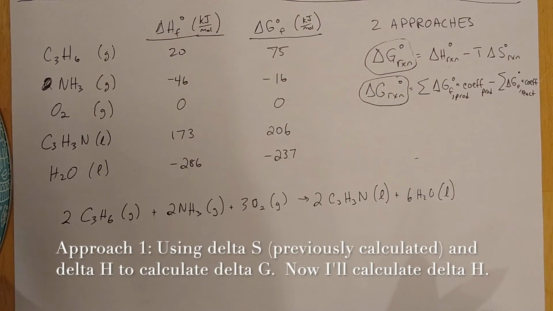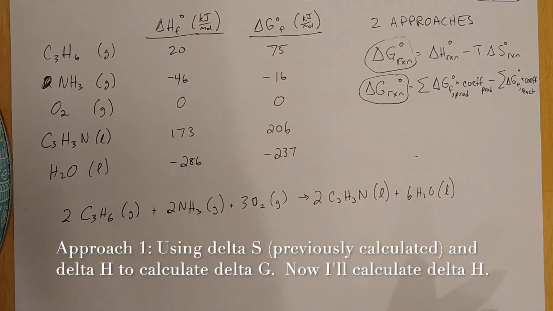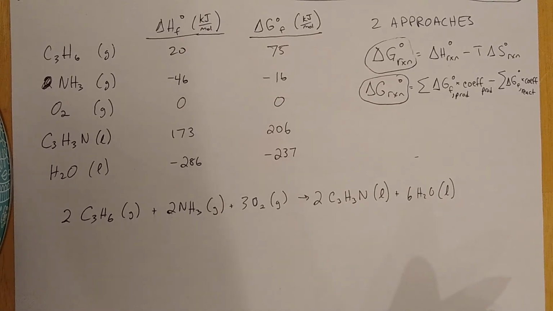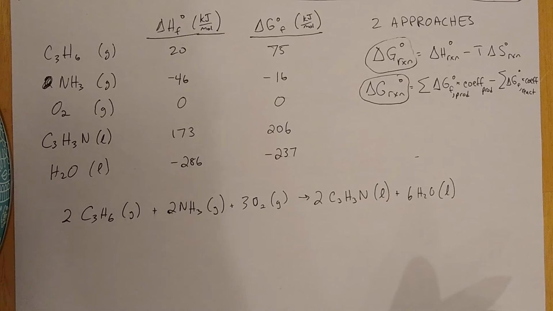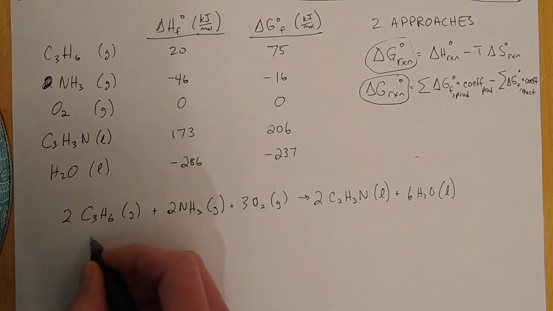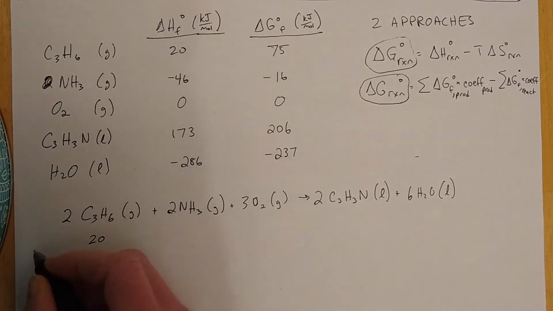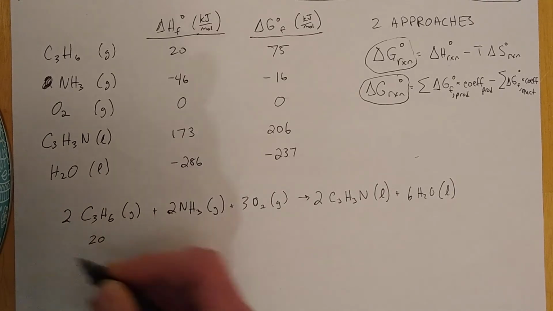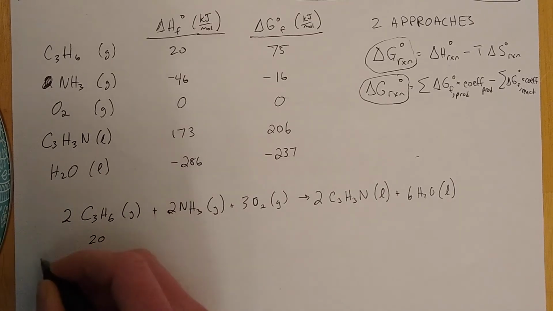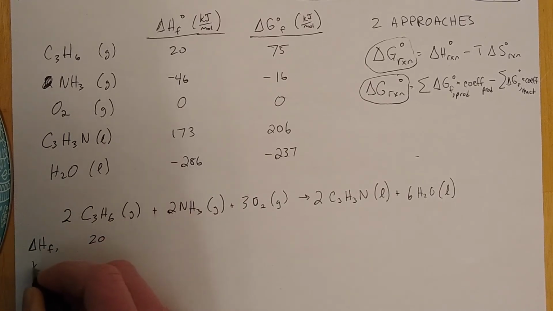So even though I have my values for enthalpy and free energy in this nice list, I just often tend to make mistakes when setting up this calculation. So I'm going to go ahead and write them right under each of the individual reactants and products. So I'm starting out with the enthalpies to calculate the enthalpy of reaction. And important to note that these enthalpies of formation are in kilojoules per mole.